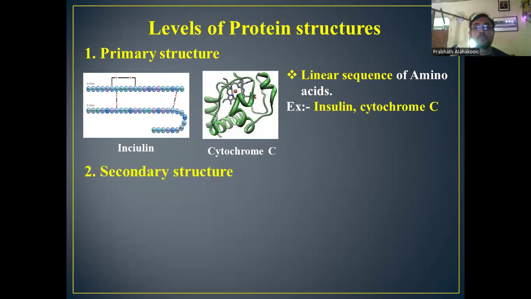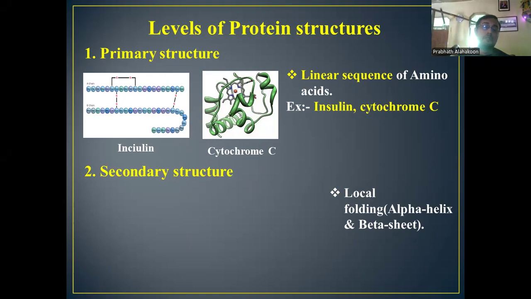Now, next we discuss secondary structure. Secondary structure contains local folding. There are two structures in secondary structure: alpha helix and beta sheets.